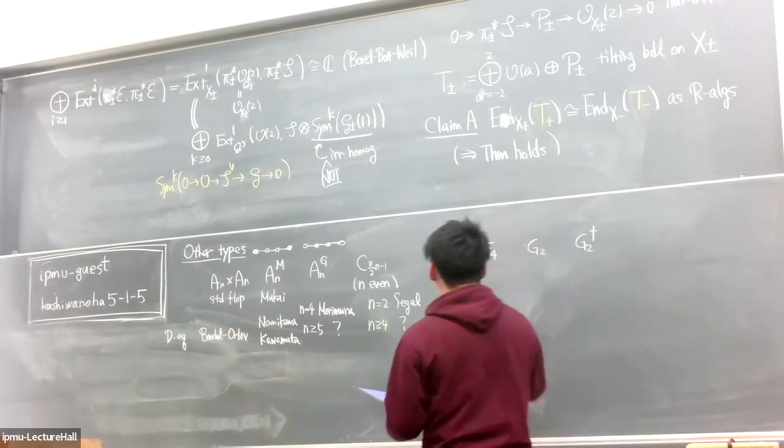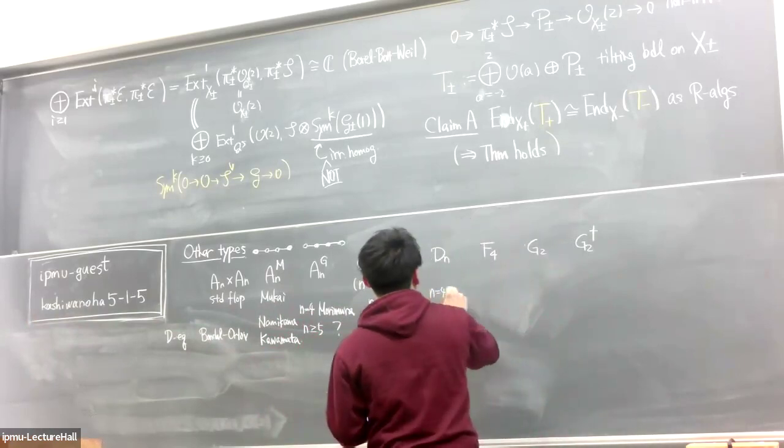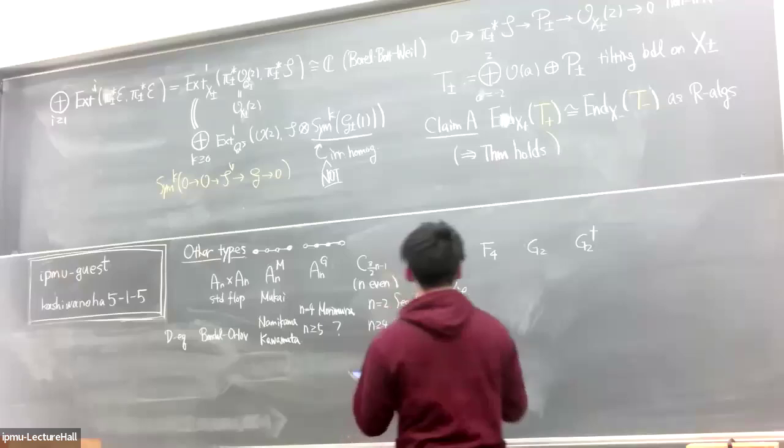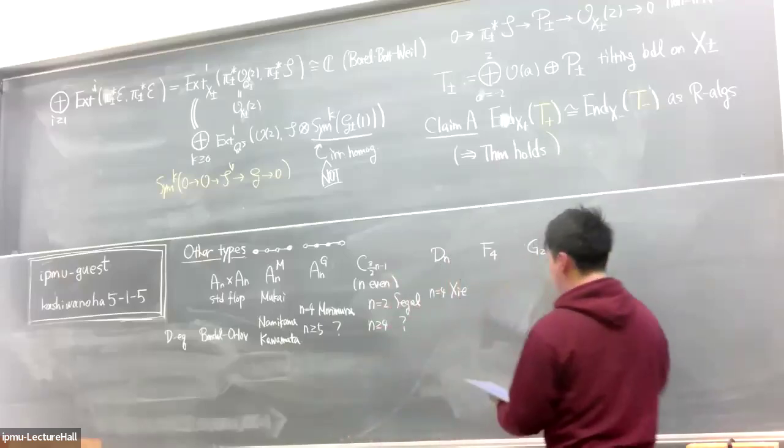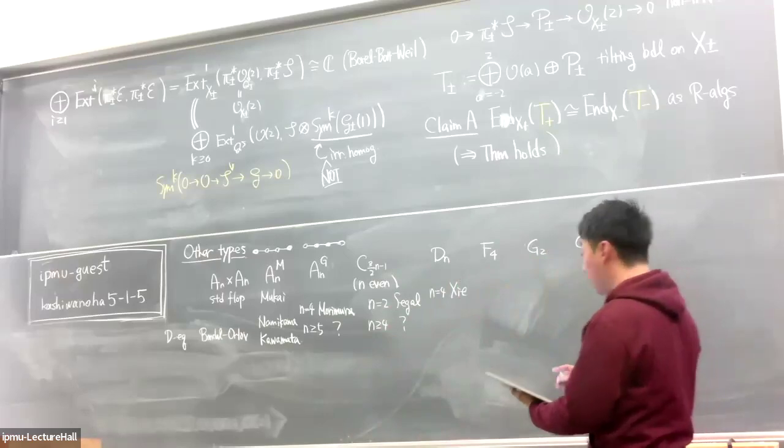And n is equal to 4 was proved by T. So he also proved the case of D at the same time as B.